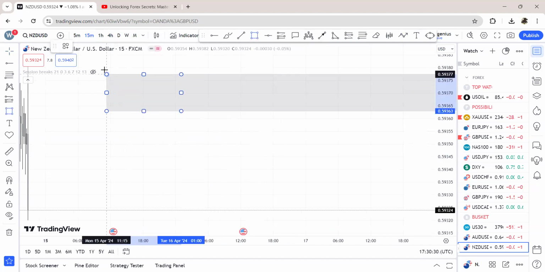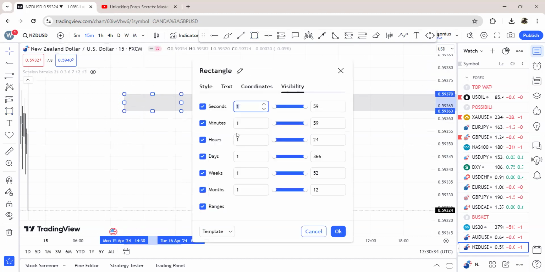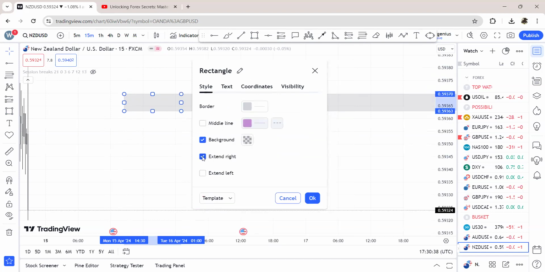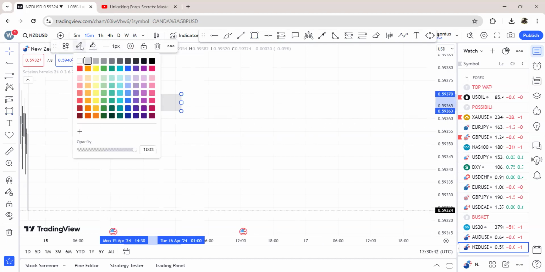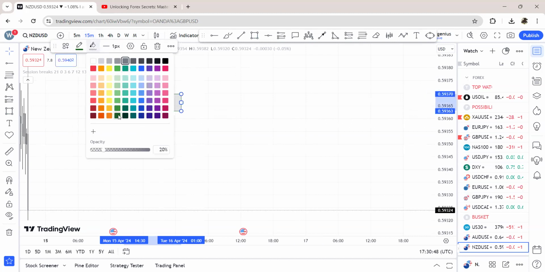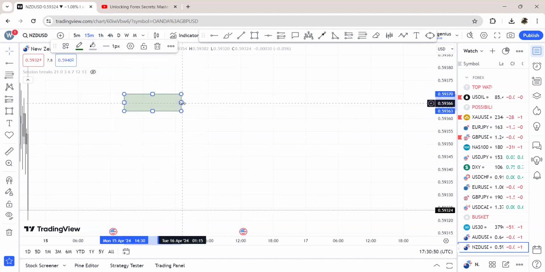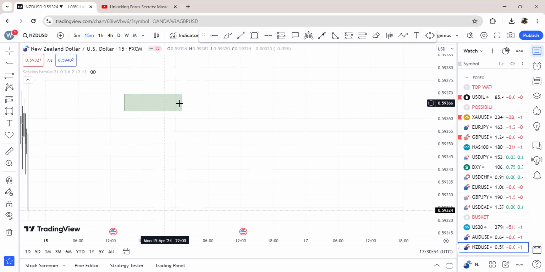Let me just change the setting for this. Settings, style, extend, and then change the colors as well. Let's make this one green. The background.